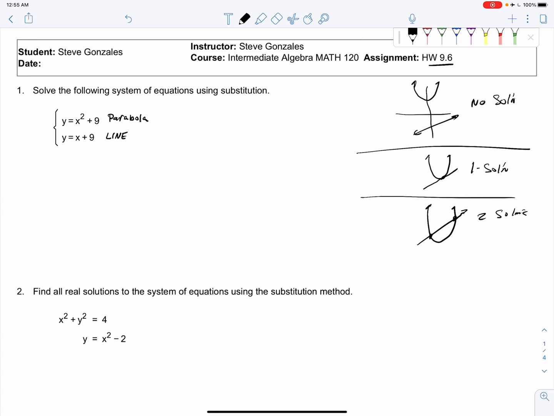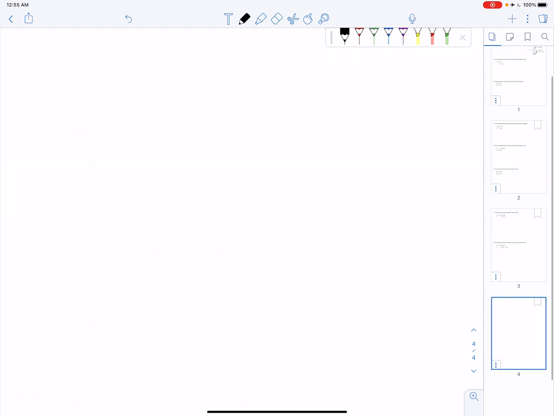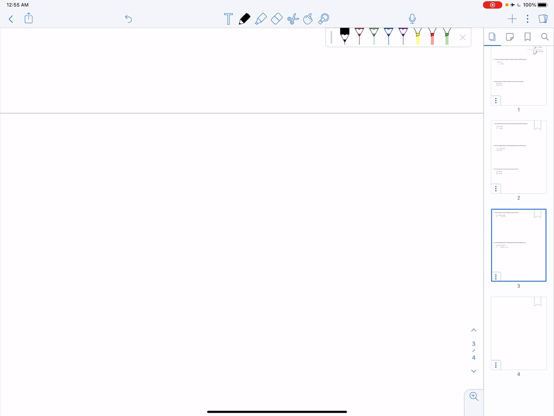So that's the kind of thing we're doing here. And I'm going to go down and take a look at some of the other conic sections that we know about. We could have a situation with a parabola and an ellipse, right? Remember we have an ellipse. In that case, you're going to have four solutions. So we have different possibilities here.